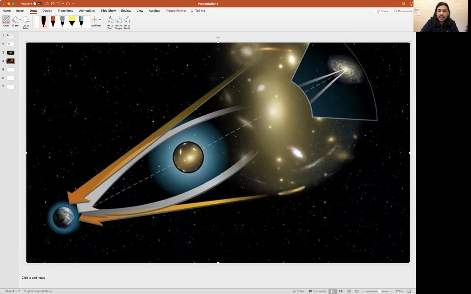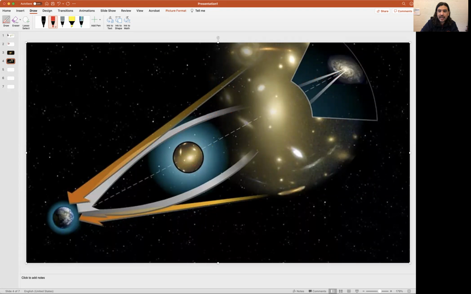We have a galaxy over here, and the light of the galaxy is coming straight at us, but it's also coming in these other directions, and because of this very massive object bending the space-time fabric, the light actually bends back down in this direction and it reaches us.